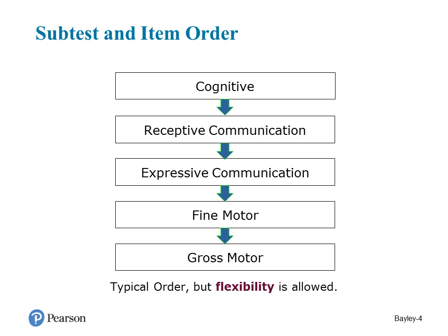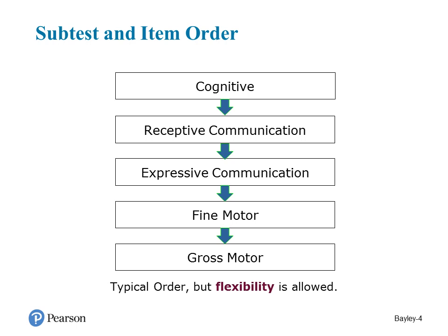If you are working with a child who is exceptionally shy, for example, it might make some sense for you to try to get the child warmed up by presenting some of the gross motor items at the front end. So there is some flexibility in terms of the order in which you present these subtests.